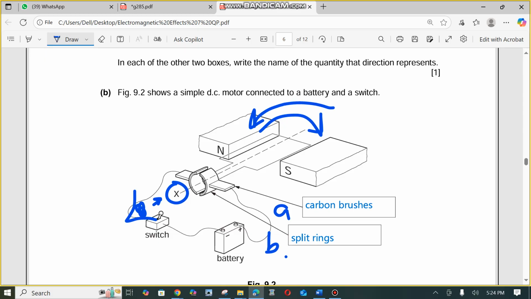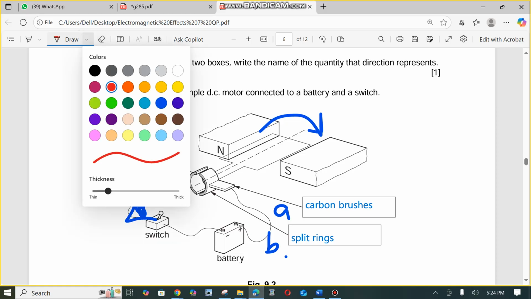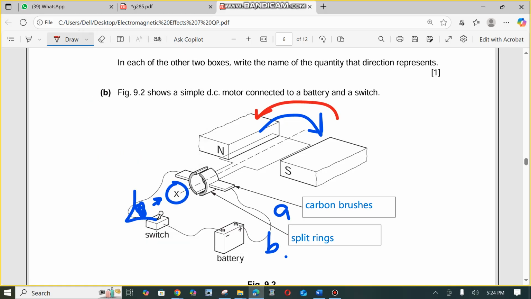And applying Fleming's left hand rule to this, you will tell me whether it moves in the direction of the blue arrow or in the direction of the red arrow. Apply the left hand rule. And you have to look at the direction of the current through the battery, that's positive to negative. Force, field, current.